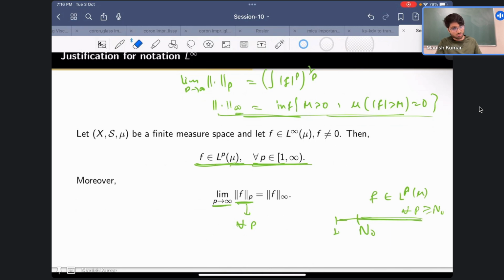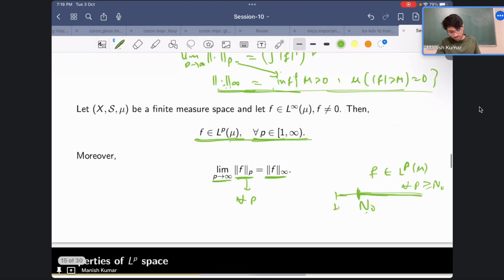If f belongs to L^p after a certain stage, then you can prove that the limit value is actually the infinity norm of f. That is the reason we chose this definition for infinity, because this quantity converges to that quantity.